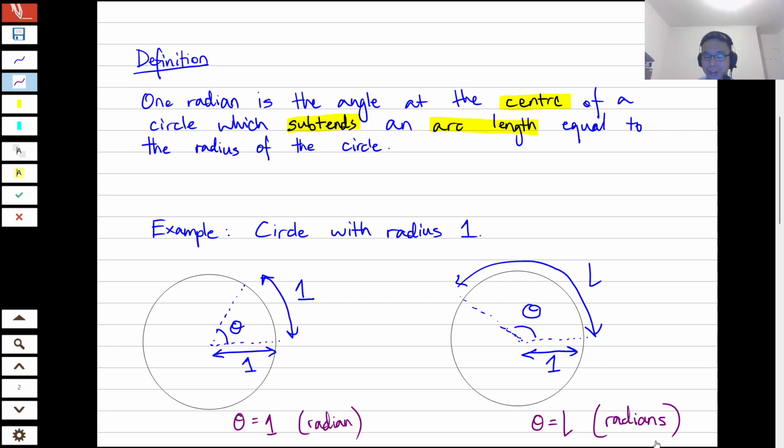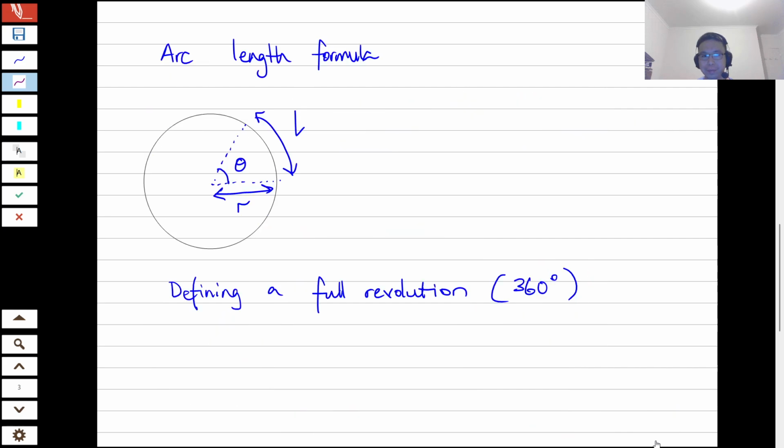Now, if we choose to make this definition, we get a very nice formula for the arc length. And that formula is as follows. So now I want you to note that the circle no longer has radius 1. I have allowed the radius to be completely general, and I have called it r.